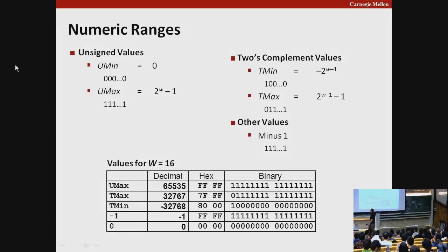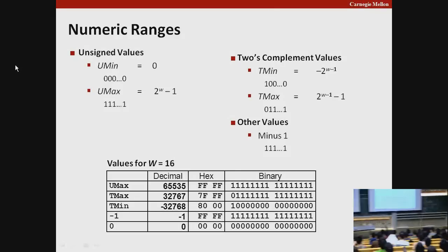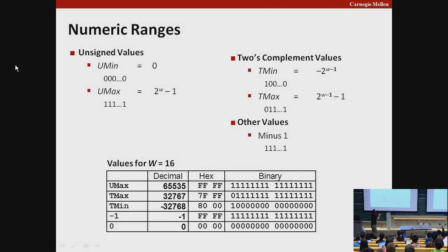Okay. We talked about the fact that 0 is always 0. We talked about the fact that with unsigned numbers, all 1s is my greatest bit pattern. We talked about the other bit patterns that are common, right? All 1s is going to be a -1. A 1 and all 0s is going to be the most negative number. Okay, we talked about why.